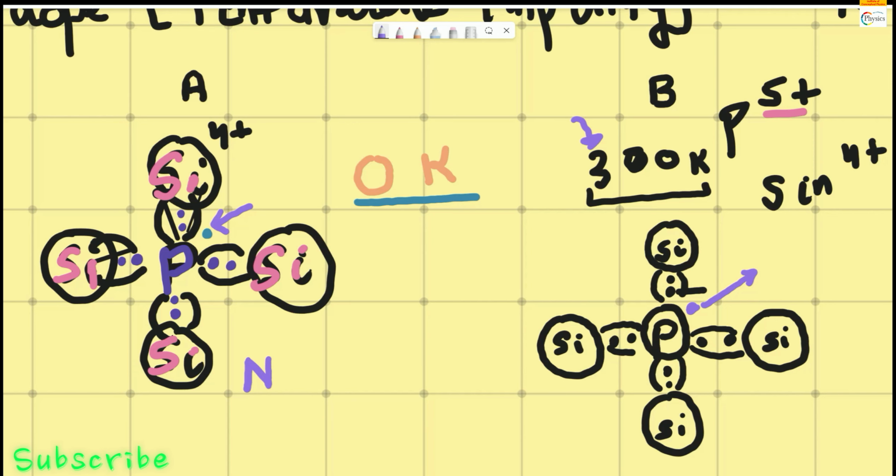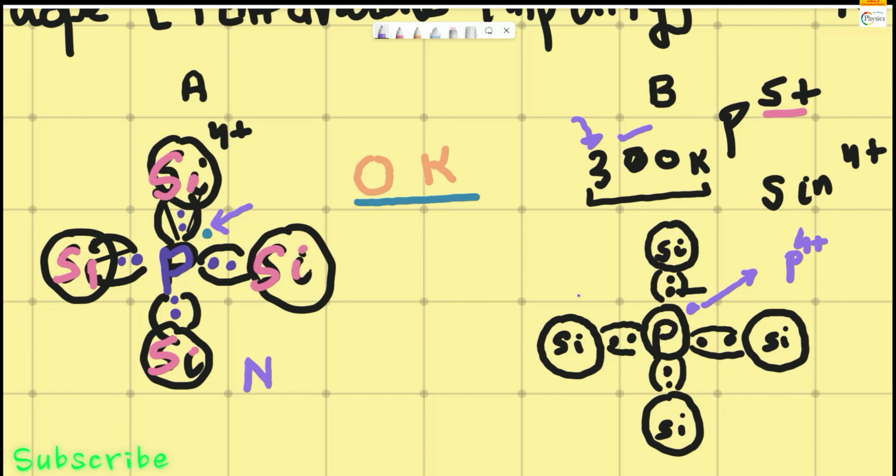When the temperature is room temperature, then starts the magic of the extra electron. At 300 Kelvin or higher, the concentration of electrons keeps increasing, leaving behind a phosphorus ion with only 4 plus. One electron is lost to the lattice.